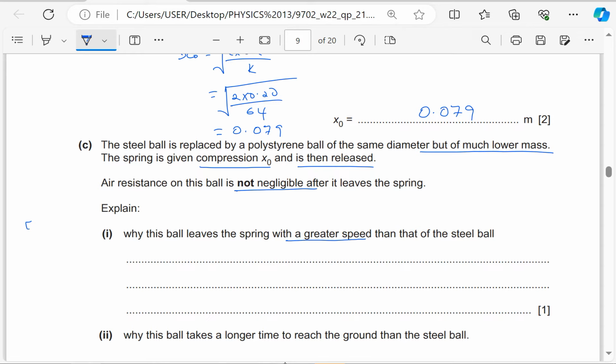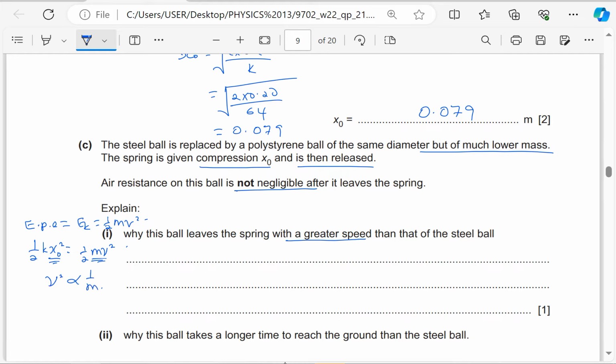Remember, the elastic potential energy is what is giving us the kinetic energy, equal to a half mv squared. The elastic potential energy is a half kx naught squared, which gives us a half mv squared. They said air resistance is not negligible, but you notice that x naught was the same, and v squared is inversely proportional to m.